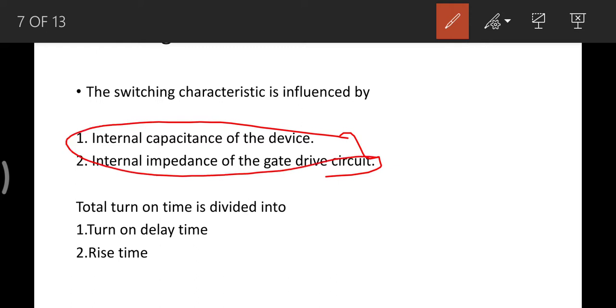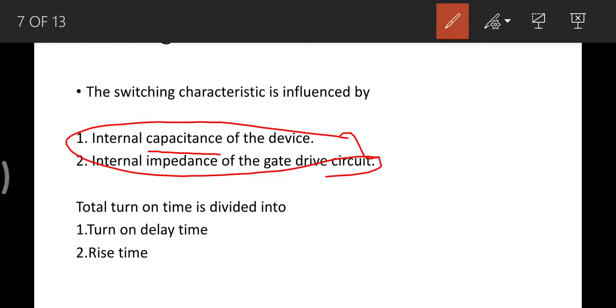How is this capacitance formed in a MOSFET? Because we are using metals, there is a formation of a capacitance effect, so some internal capacitance is formed. This internal capacitance plays a very important role in switching operations.